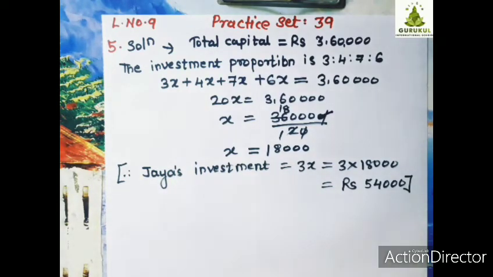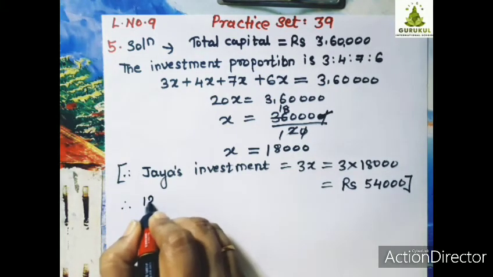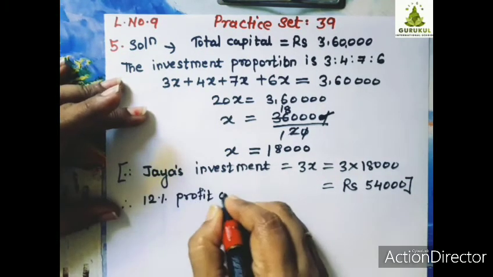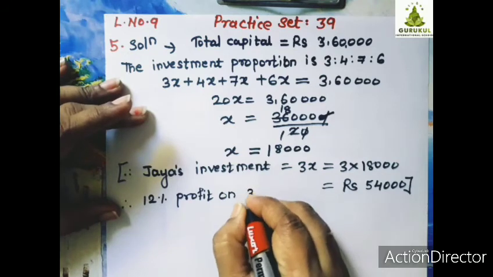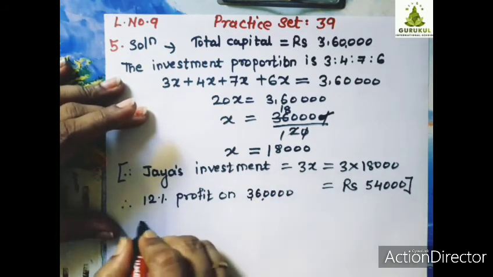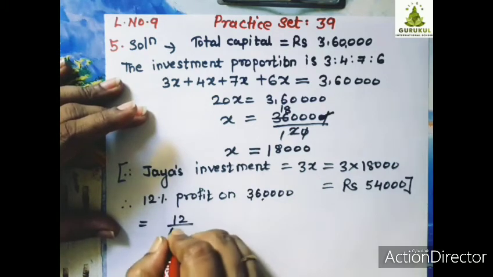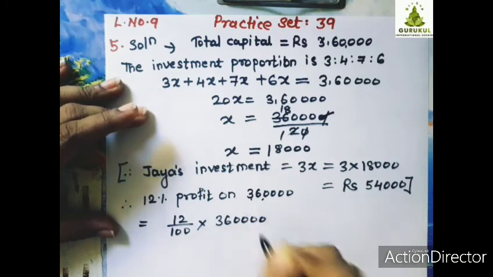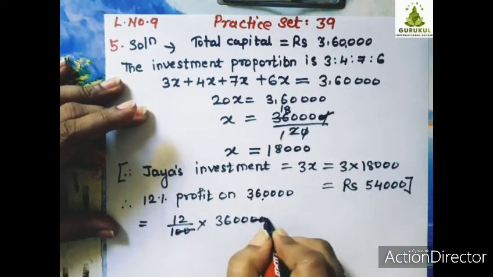Second question is what? They made a profit of 12%. How much profit did Nikhil make? Now first of all we have to find out the amount of 12% profit. So 12% profit on 3,60,000 is equal to 12 upon 100 into 3,60,000. 2 zeros, 2 zeros cancel.